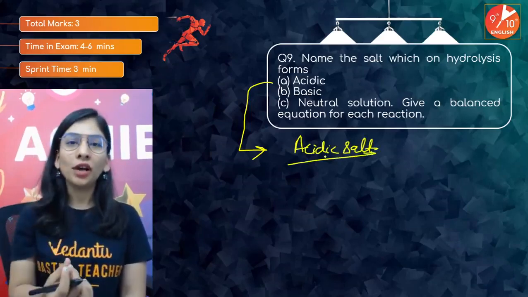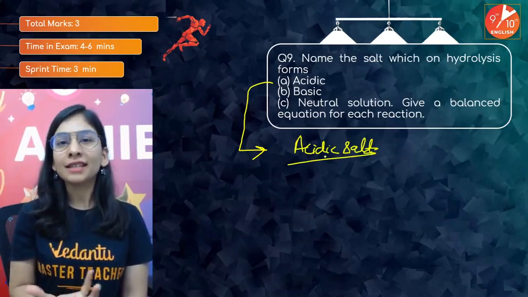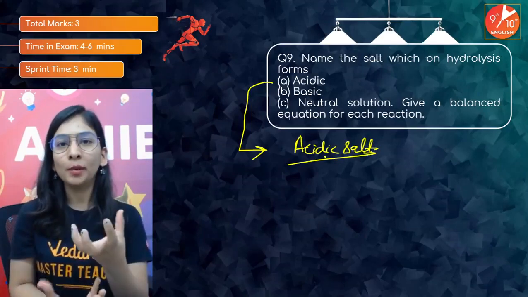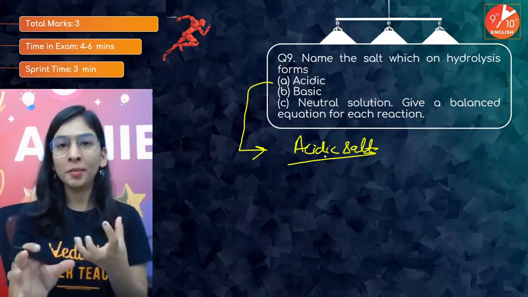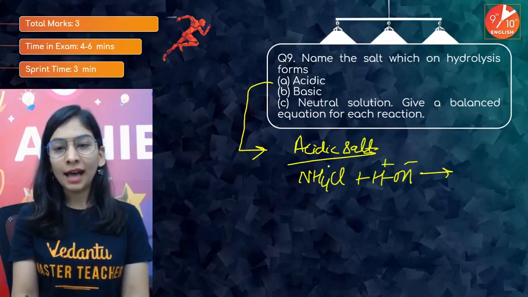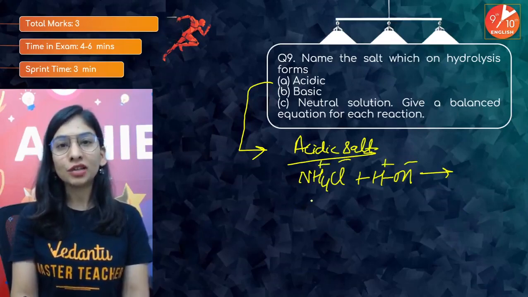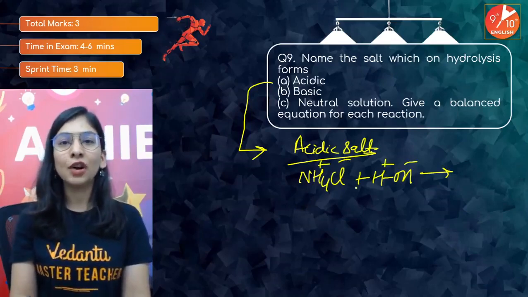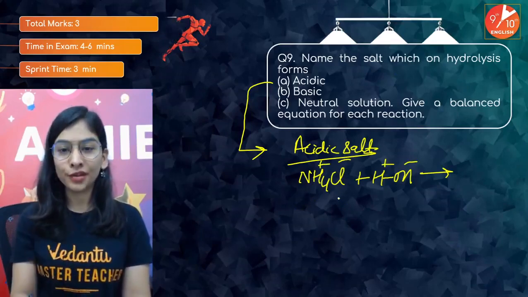When you put it in water, you'll get an acid and a base, and the acid part must be strong enough so that H ions will be more compared to OH ions from the base. So I can tell you my ammonium chloride is an acidic salt, because when you put it into water, you can show the ionization of salt in water. You are writing the hydrolysis reaction of the salt, which will help us decide the nature of the salt.